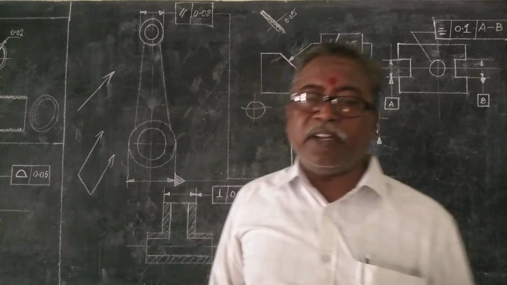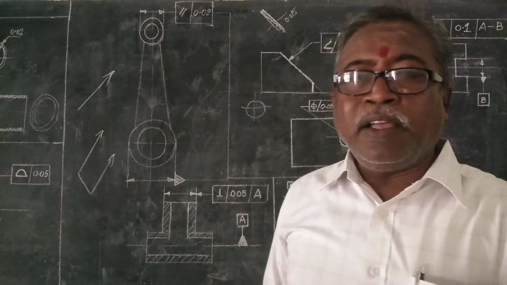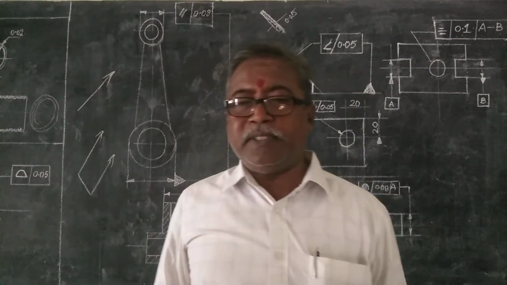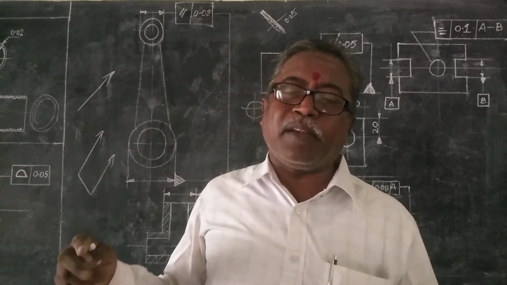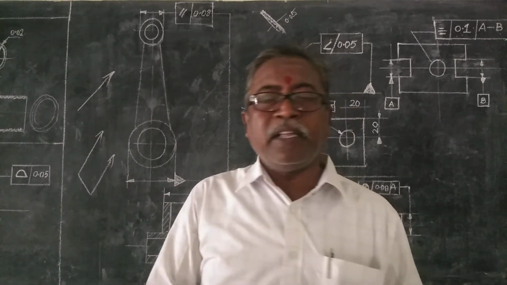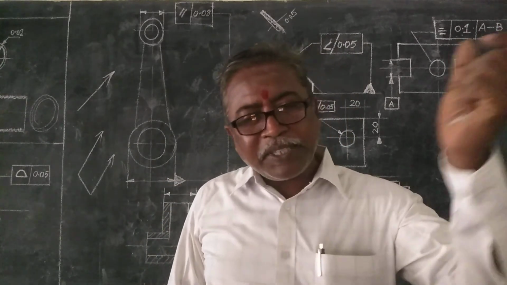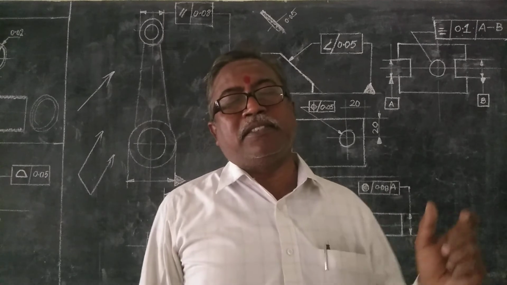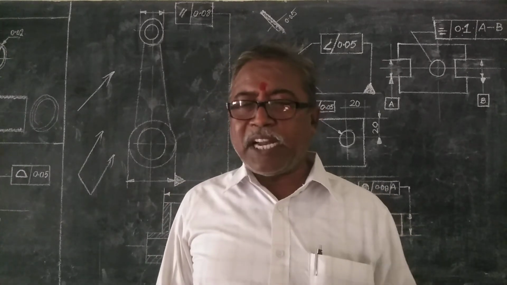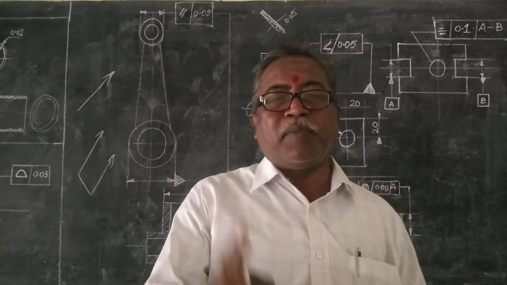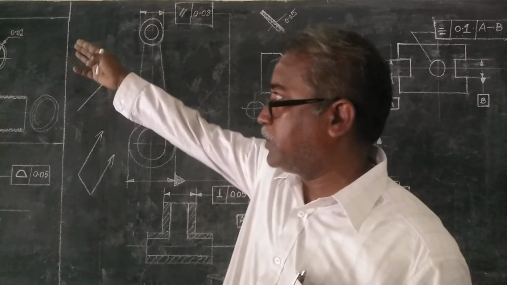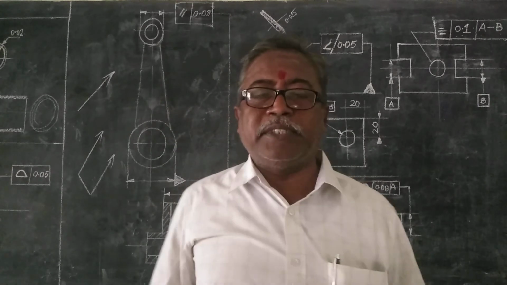Sir, you said circularity. What about a taper piece? A taper piece is also the same. If the taper piece lacks circularity, that means roundness is not there, so it will not be seated in the sleeve. When it is not sitting in the sleeve, it will not fit. The taper piece also comes under roundness, circular.